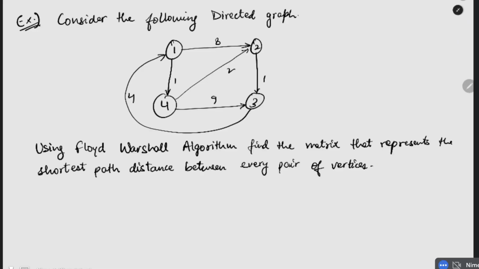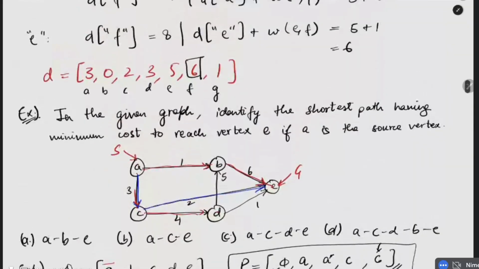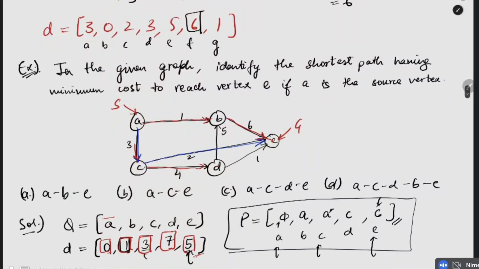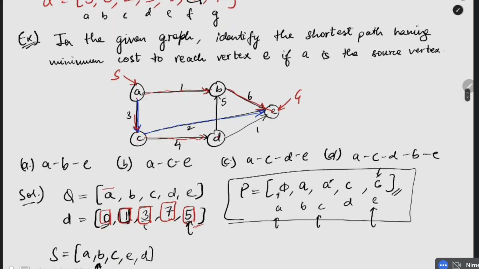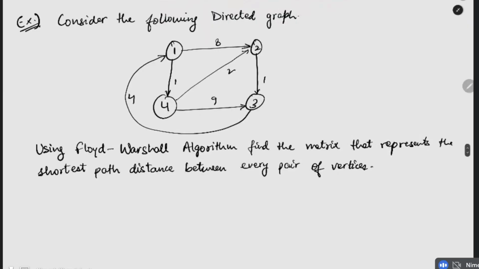And so clearly, this shows that what we were doing till now, Dijkstra's algorithm, was for finding the minimum cost to go from a single source, from a single vertex. But what we want to do now is find all sources.